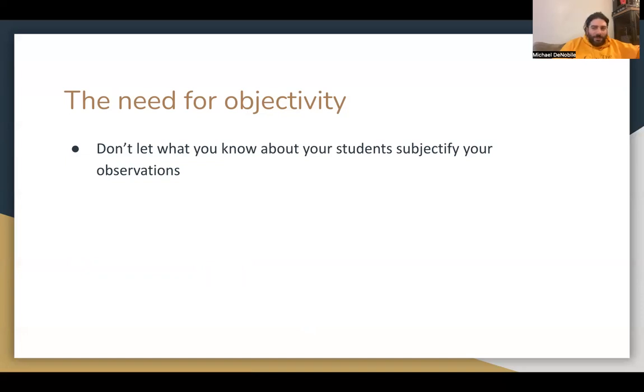They may be annoying because whatever it is that they're doing bothers you, which is a whole other conversation altogether. However, don't let what you know about the student subjectify your observation of them. You want to be objective in your observations at all times.